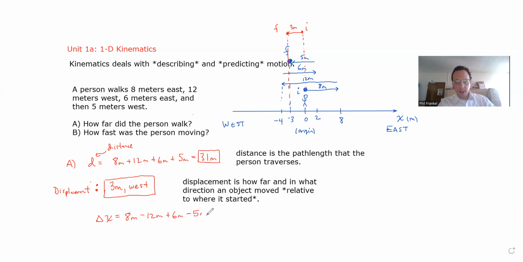West is the negative direction, so I subtract 5 meters. So notice each eastward part of the trip is a positive number, each westward part of the trip is a negative number. And when you add all these numbers up, you get negative 3 meters. Just take a moment to confirm that.